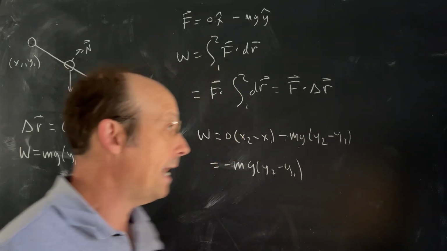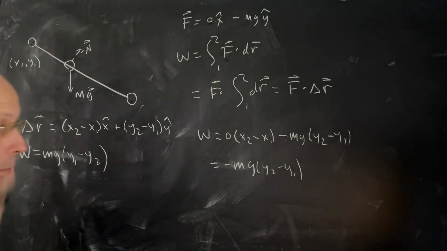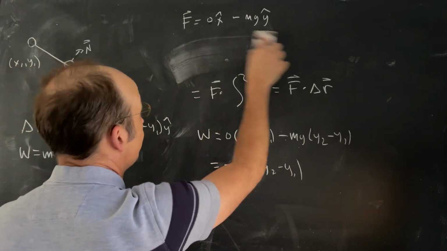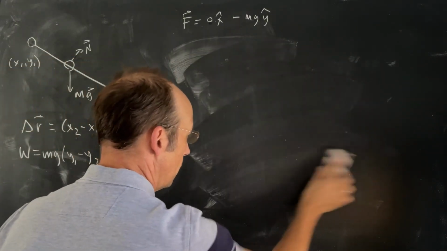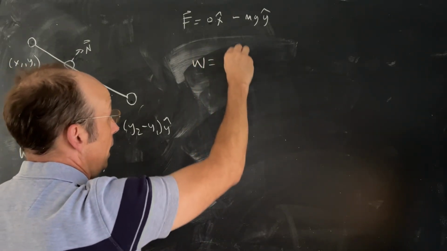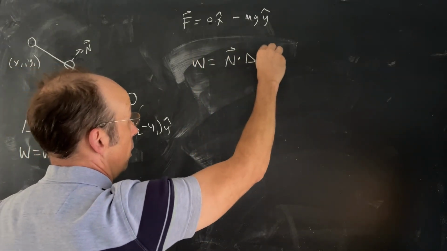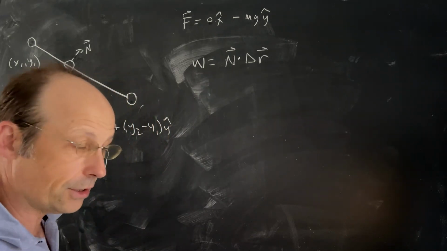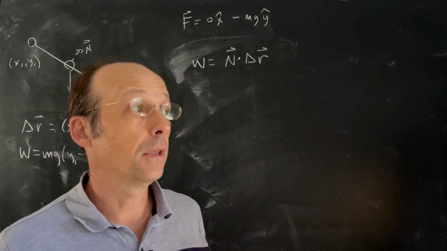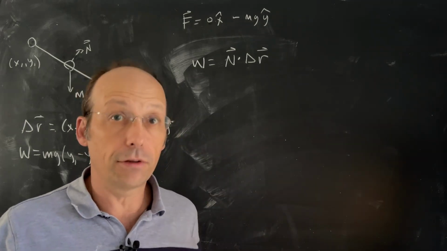Okay, now, what about the work done by the normal force? We're going to do this a couple ways, but let's start off with a simple way. The work done by the normal force, again, I can say N dot delta r. The simple answer is that the normal force is a force of constraint, and it's perpendicular to the surface.